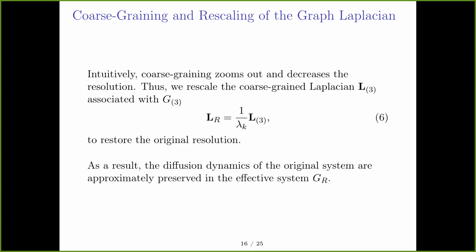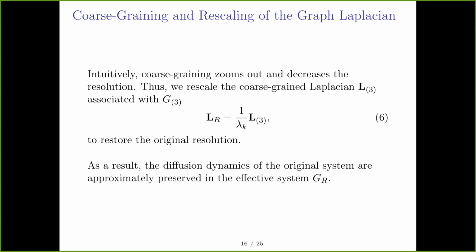I'll show what that intuitively does. Let's look at a graph like this. Our coarse graining procedure would now give us something like this, so this would be represented by this. And we only look at the large scale dynamics.